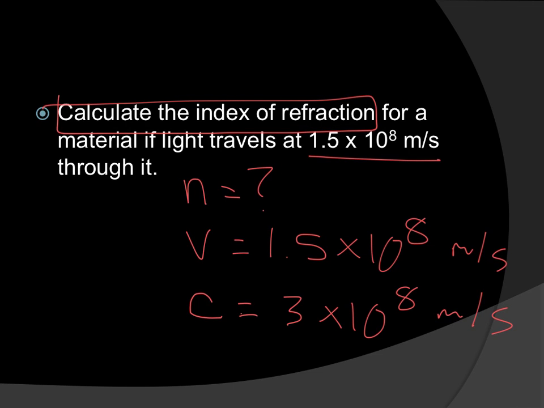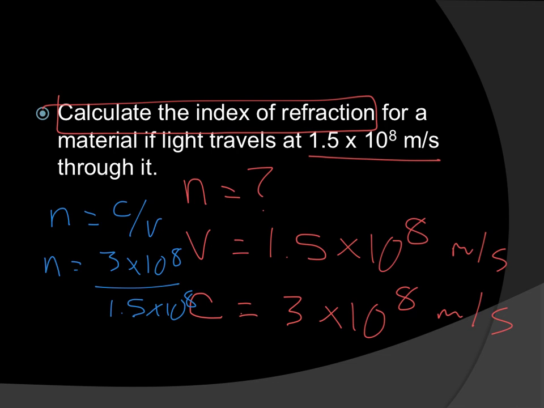So there's what it wants, and here's what it tells us. The only equation we know for this is N equals C over V. So in this case, N is 3 times 10 to the 8th divided by 1.5 times 10 to the 8th. Sorry, it's getting a little cramped in here. N equals 2. Our index of refraction for this material would be 2.